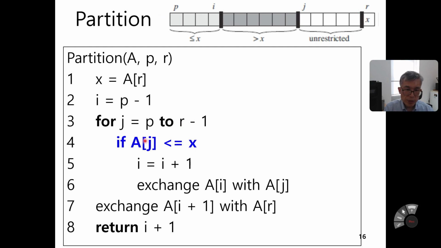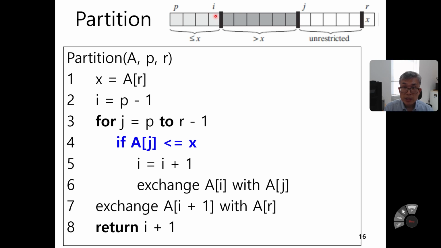And then we compare A[J]: if the element is less than or equal to the pivot, we swap, okay? So we increase the index I by 1. Remember, I is the end index of the first partition, right? So we increase I and exchange A[I] with the one J is currently comparing.